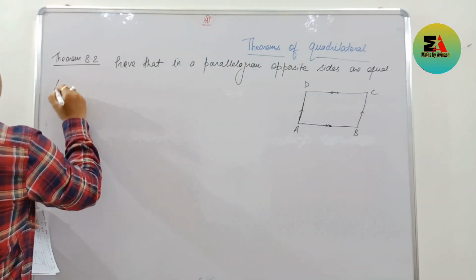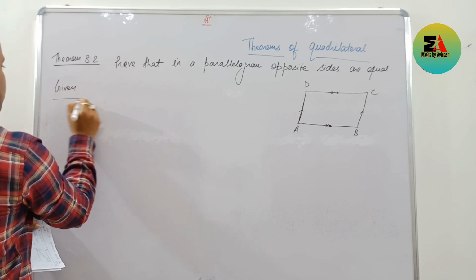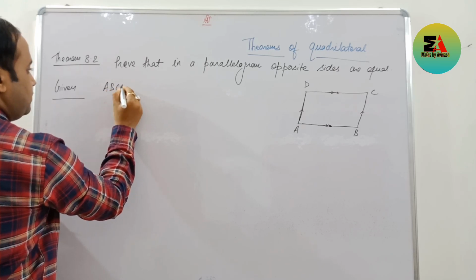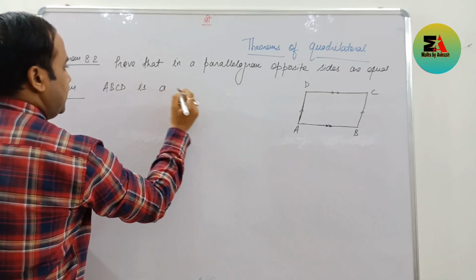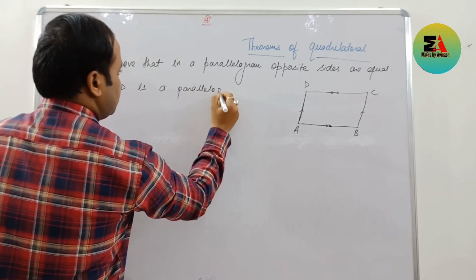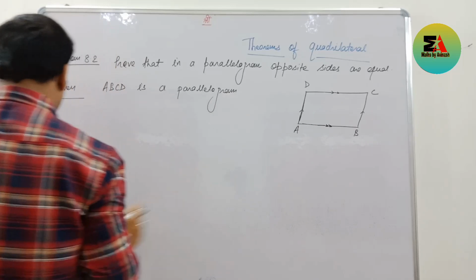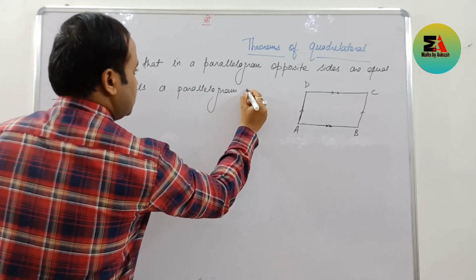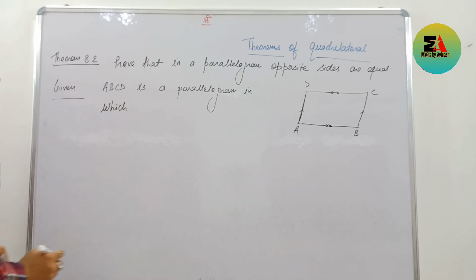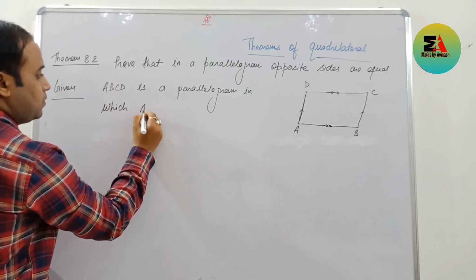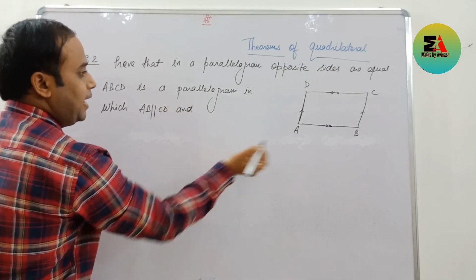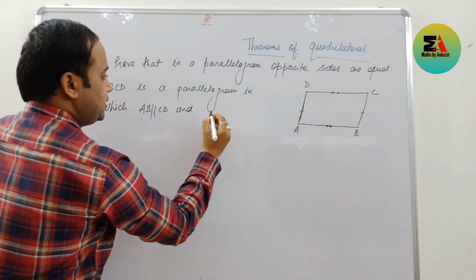Now write the given part. ABCD is a parallelogram in which AB is parallel to CD and AD is parallel to BC.